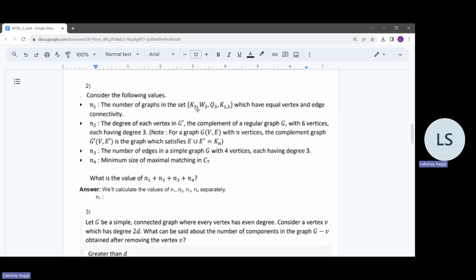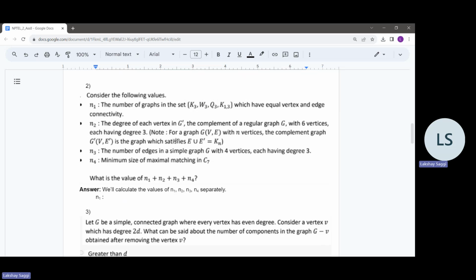So we have to verify for all four graphs whether they have equal vertex and edge connectivity. This is a sub-problem in itself. So for K3, we have to identify the vertex connectivity and the edge connectivity and see if they are equal or not. Similarly for W3, Q3, and K13. So what's K3, W3, Q3? What are these notations?